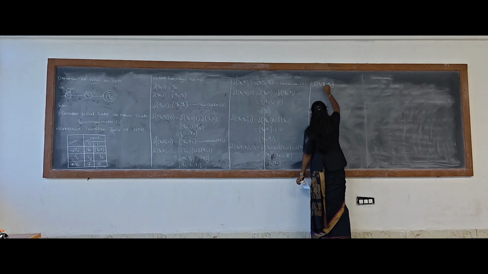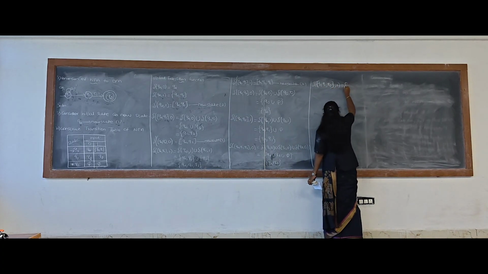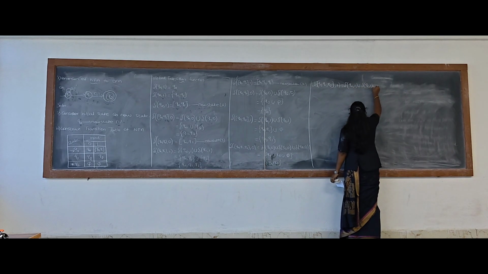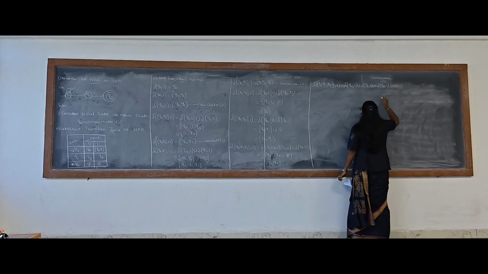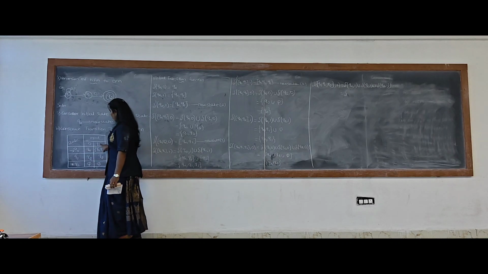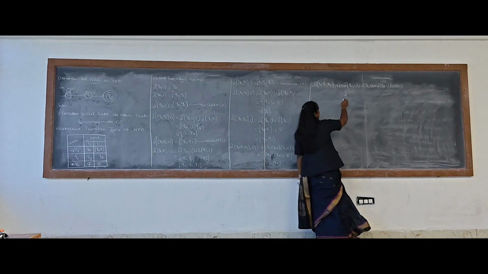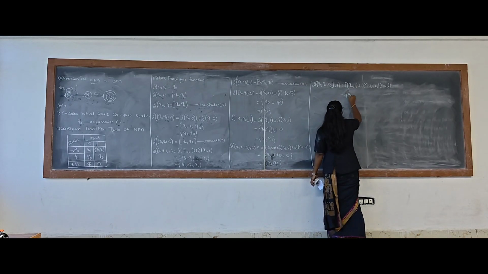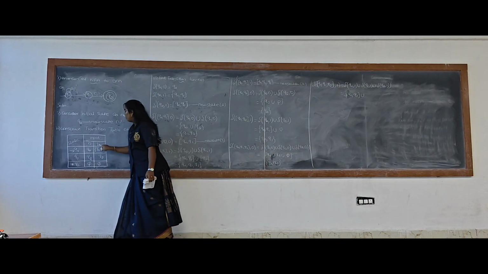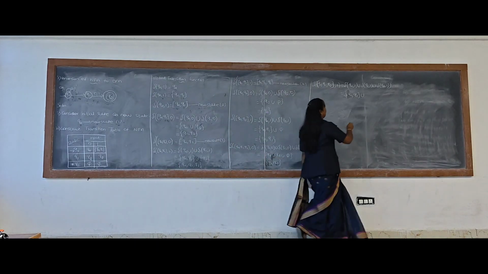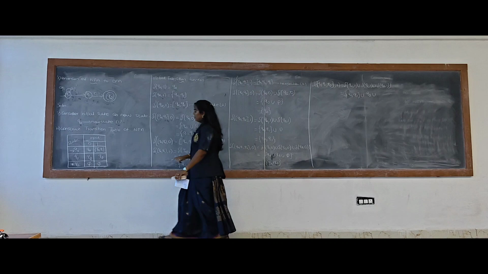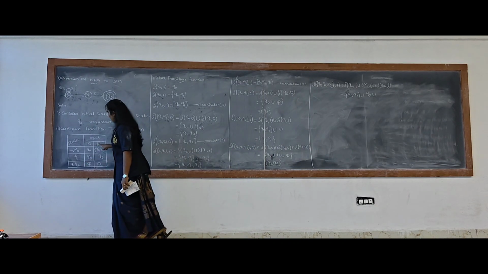Transition function of q0 comma 1 union transition function of q1 comma 1 union transition function of q2 comma 1. q0 comma 1 means we will get q0 q1, union transition function of q1 comma 1, which means q2, union transition function of q2 comma 1. q2 comma 1 means there is no transition, which means phi.